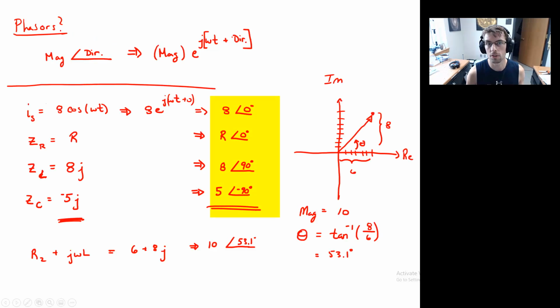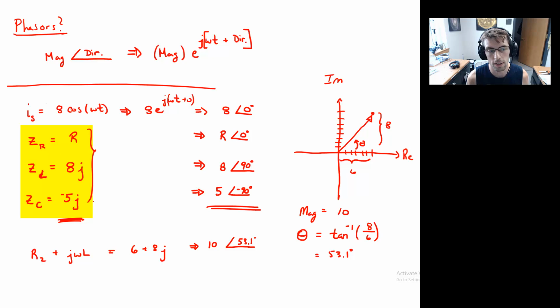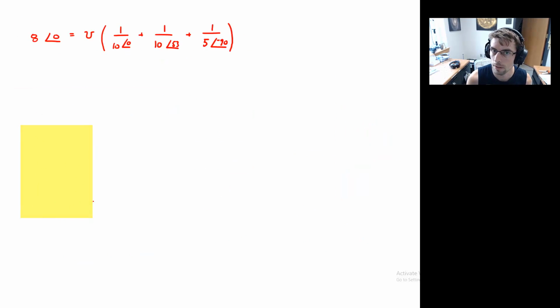I'm just substituting in each of these phasors instead of the Cartesian representation of the impedances. Now you could think of the 1 as a real number.